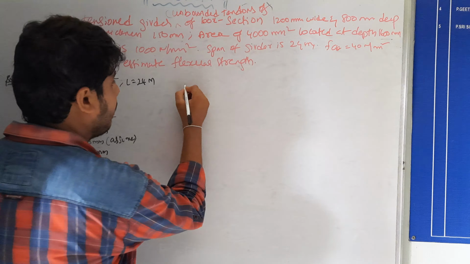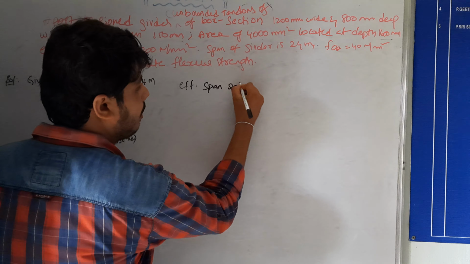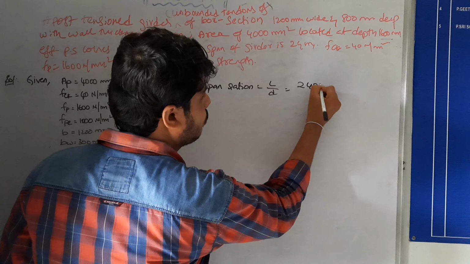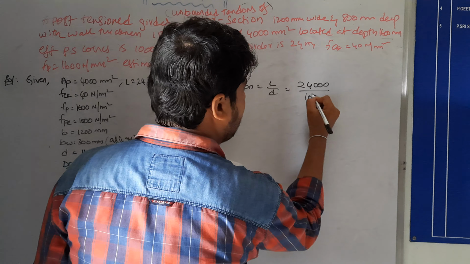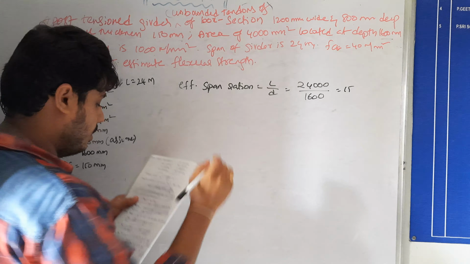Now first one, effective span ratio is equal to L by D, that is 24,000 by 1600, which is equal to 15.